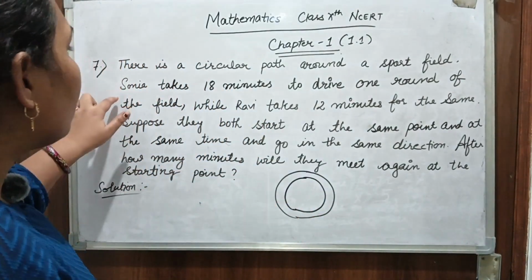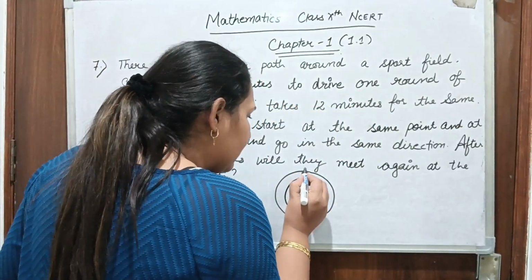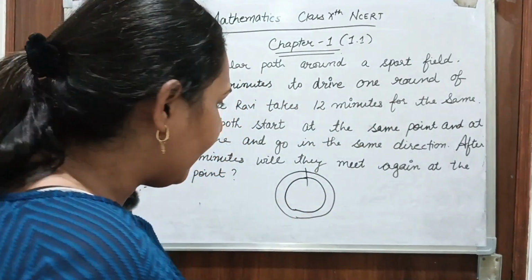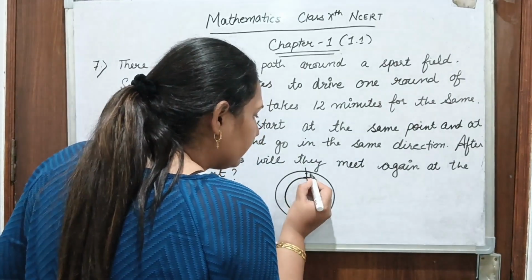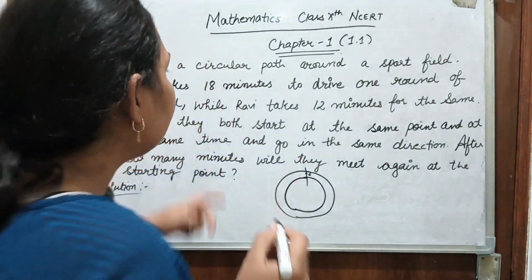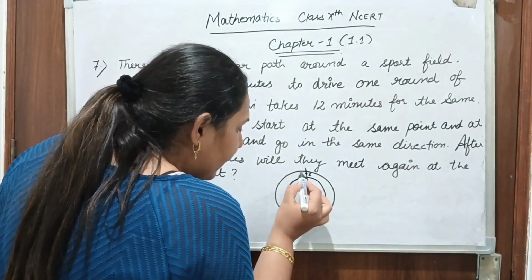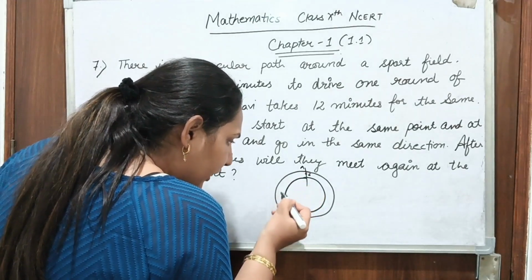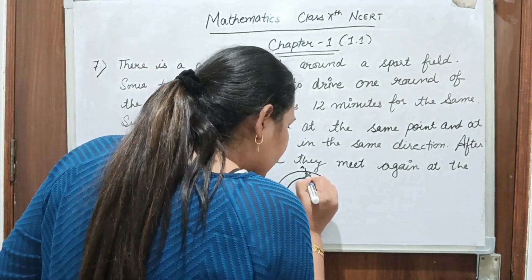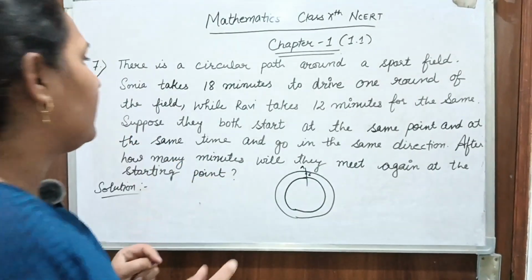Let us consider it is our starting point, and here Sonia is standing. One round means she has to move from here to here, and when she reaches the same point again, 1 round is completed.